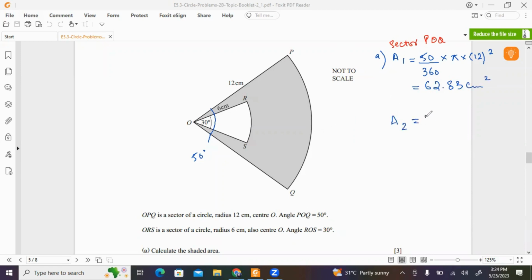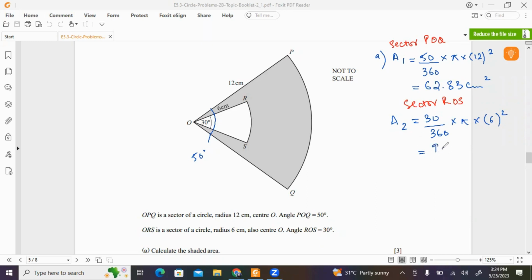Now area 2 is going to be 30 over 360 times pi times 6 squared. Now this is your sector ROS. So that's going to be 6 squared times pi times 30 divided by 360.